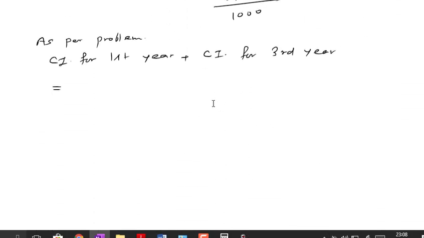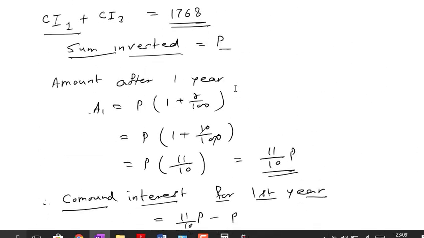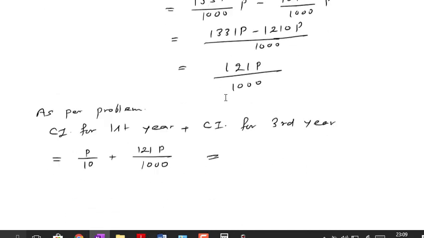Compound interest for first year is p upon 10, plus compound interest for third year is 121 p upon 1000, and this total is 1768.